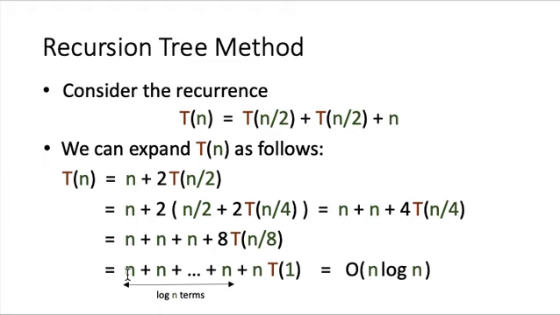If we continue this process again and again, we will get log n terms of n adding up together plus n copies of T(1). Now T(1) is a constant. So if we add everything together, we will get something like big O of n log n.